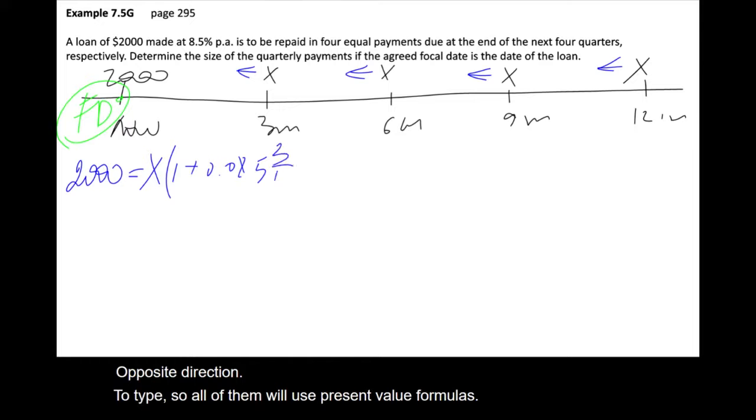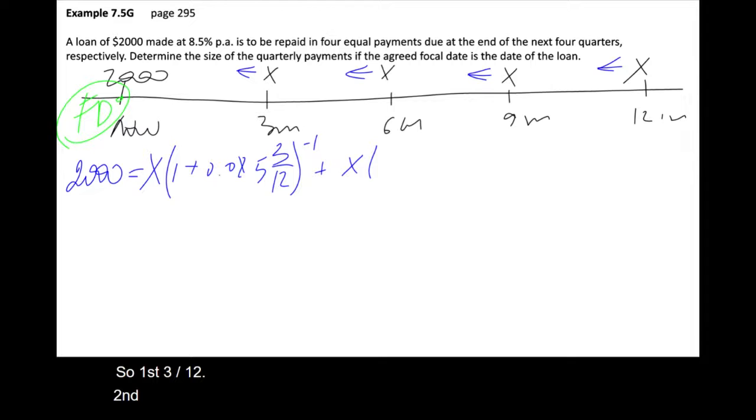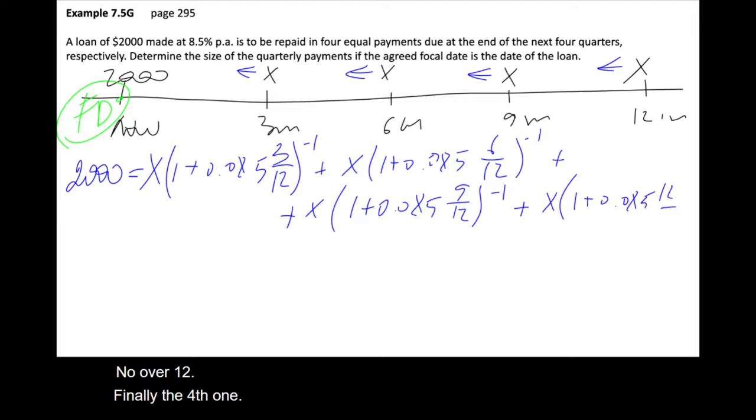So first 3/12, second one 6/12, the third one 9/12, and finally the fourth one 12/12.